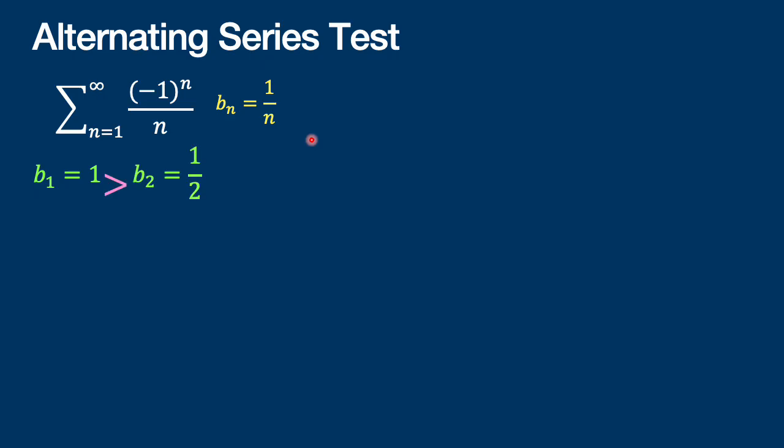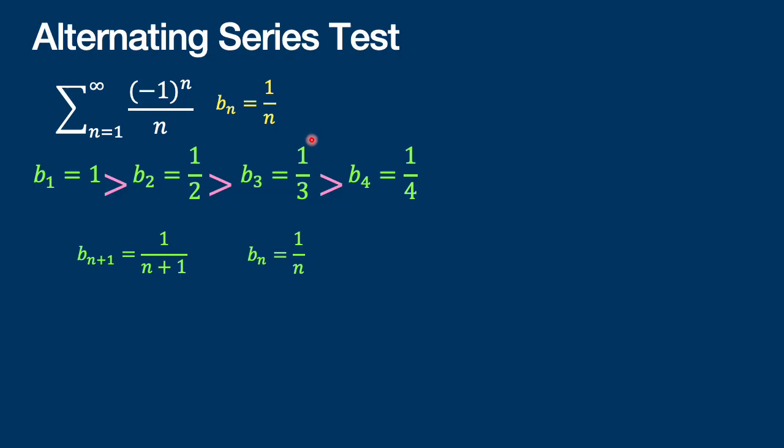B1 is bigger. B3 is 1 over 3. B2 is bigger. B4 is 1 over 4. B3 is bigger. Now Bn plus 1 equals 1 over n plus 1, and Bn is 1 over n. n plus 1 is bigger than n, so with the reciprocal, Bn is bigger. So that's a decreasing sequence.